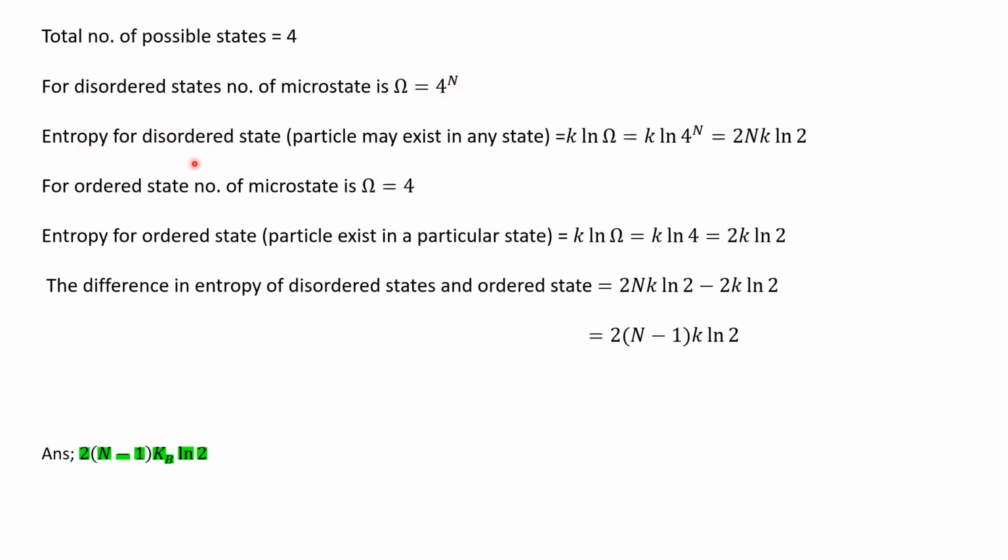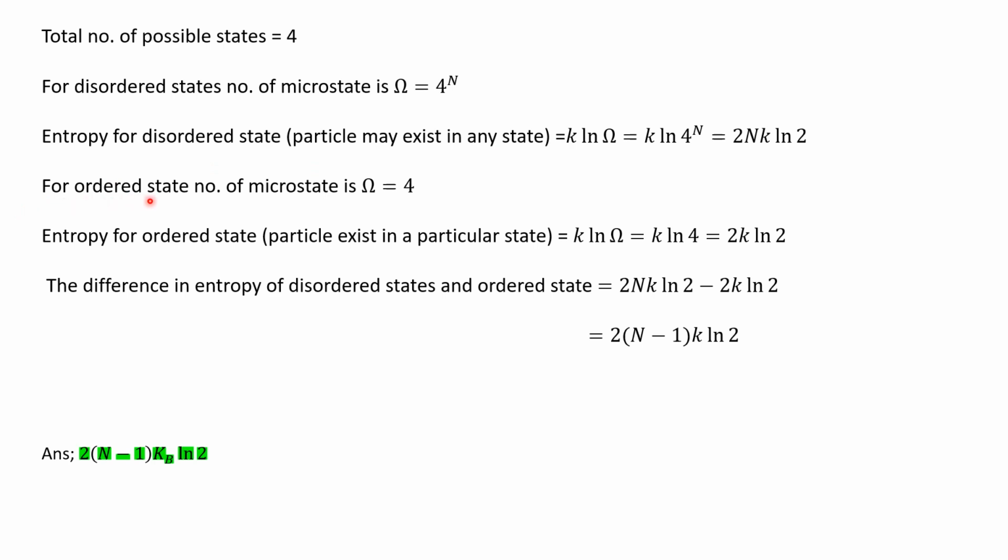And the entropy for the disordered state, that is the particle may exist in any of the states, we know the formula is k ln omega, so by putting the value of omega here we can find it as k ln 4 to the power n. We can write this 4 to the power n as 2 to the power 2n. So by bringing this 2n to the front we can get it as 2nk ln 2.